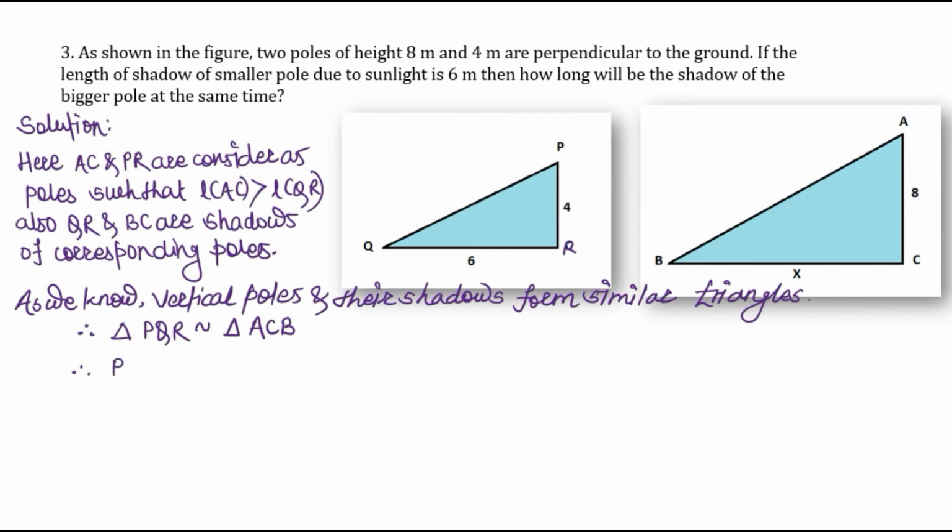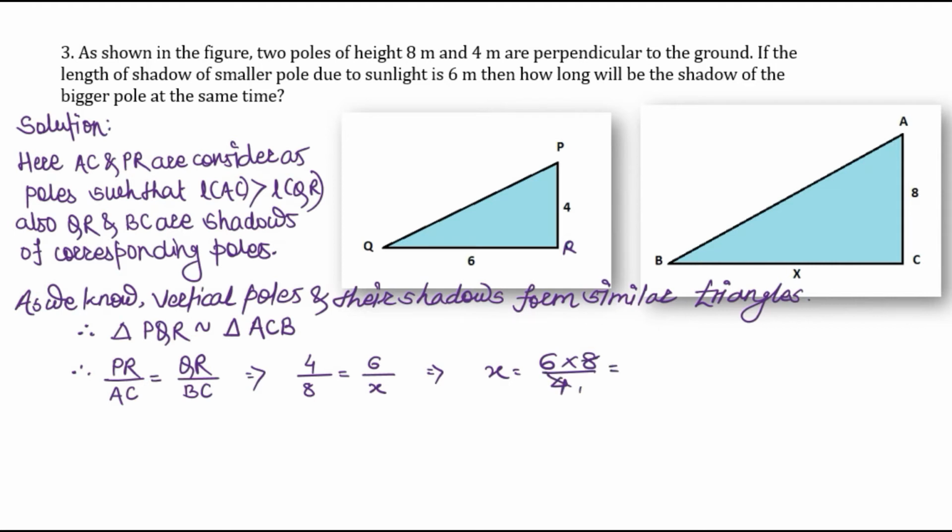Therefore, PR upon AC is equal to QR upon BC. So we will substitute those values as PR is equal to 4 and AC is equal to 8, QR is equal to 6 and BC we don't know. Therefore, X is equal to 6 into 8 upon 4.